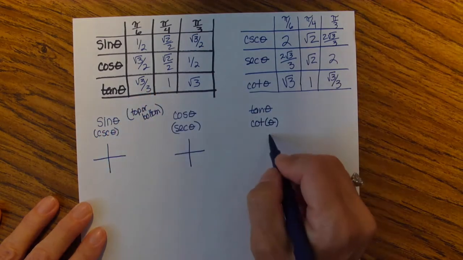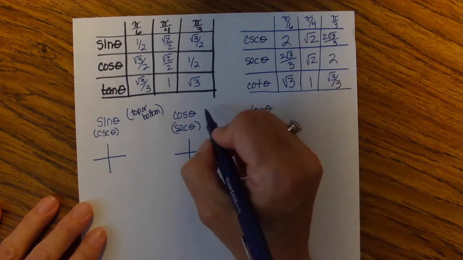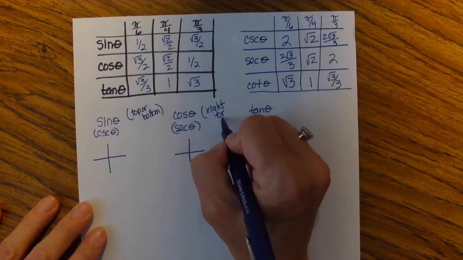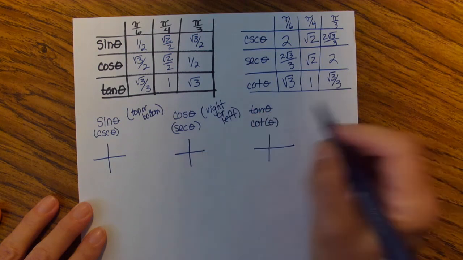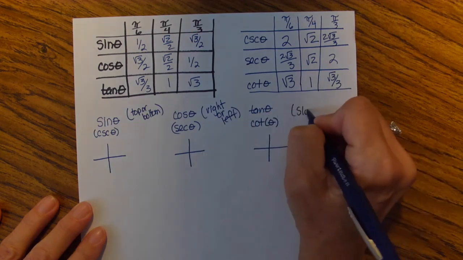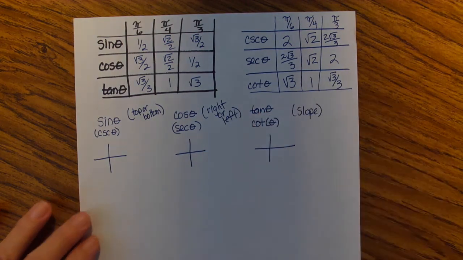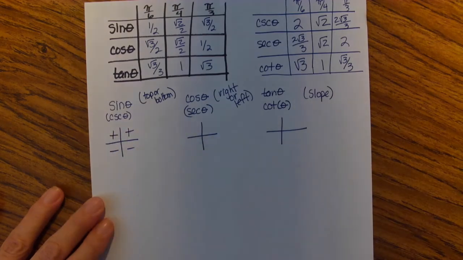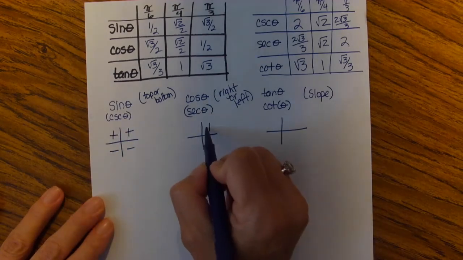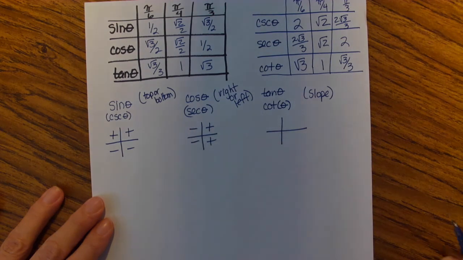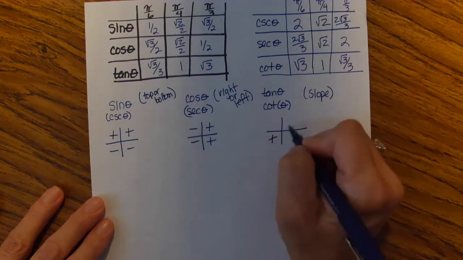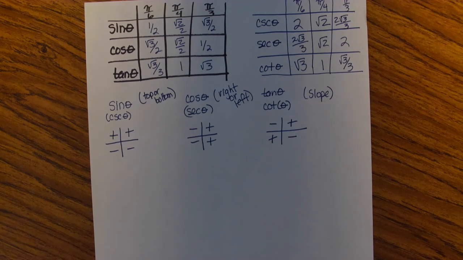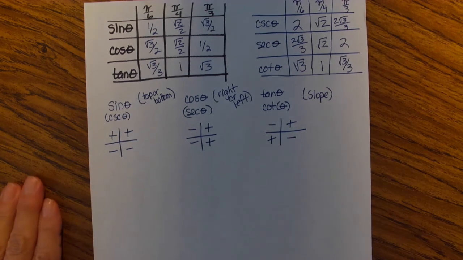What do you think of for cosine? Right or left? Because it's x. Tangent, we think slope. So sine is positive in the top, negative in the bottom. Cosine is positive on the right, negative on the left. Tangent is positive going up, and it's negative coming down. True?